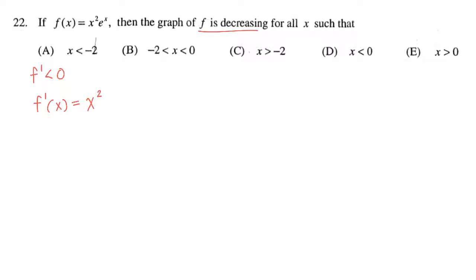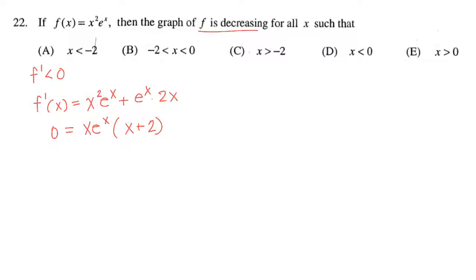We have the first times the derivative of the second plus the second times the derivative of the first. And we need to find our critical points, so we'll set that derivative equal to 0 and factor, and it looks like we have a common factor of x and e to the x. Once I factor that out, it looks like we'll have an x plus 2 left over.